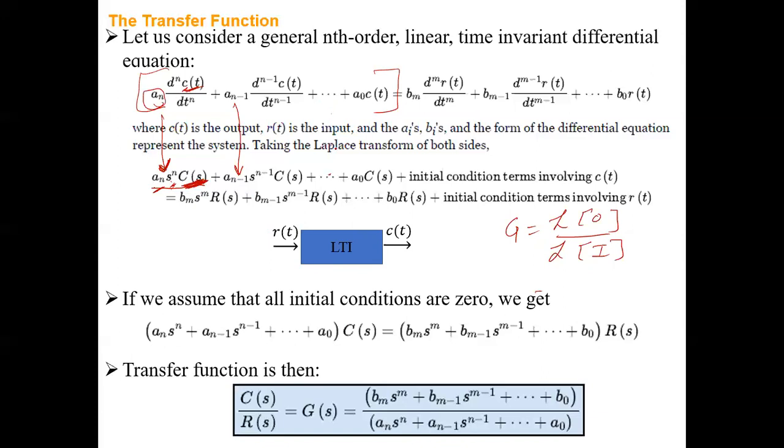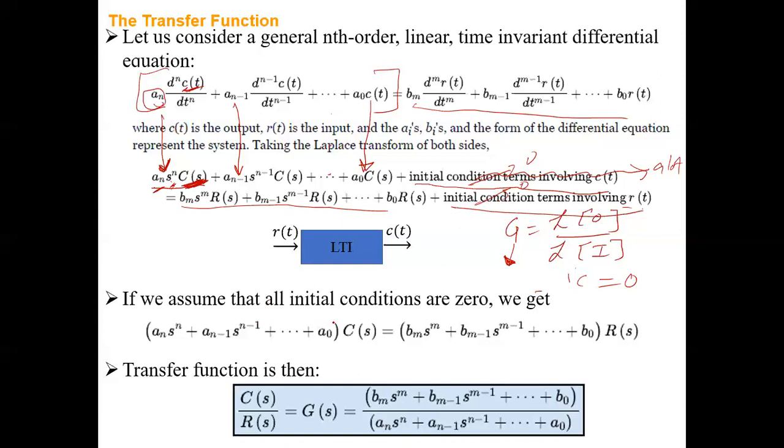While doing so, you'll get a lot of initial condition terms, and exactly similar terms on the input side too. The good news is that when you define the transfer function, all the initial conditions are assumed to be 0. That's why this whole thing becomes 0.